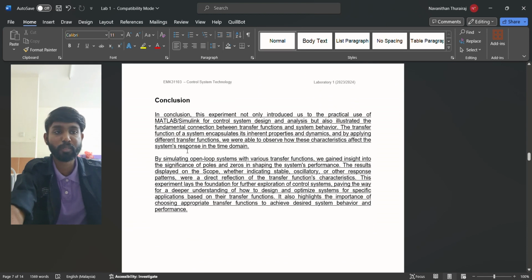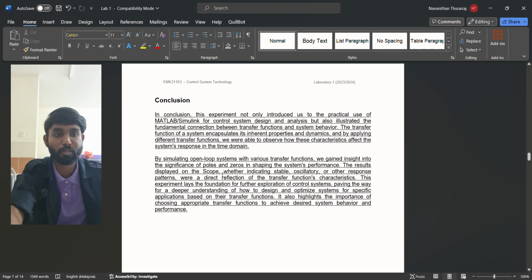Now, for conclusion, this experiment has not only introduced us to the practical use of MATLAB or Simulink for control system design and analysis, but also illustrated the fundamental connection between transfer function and system behavior. By simulating open loop systems with various transfer functions, we gain insight into the significance of poles and zeros in shaping the system's performance.